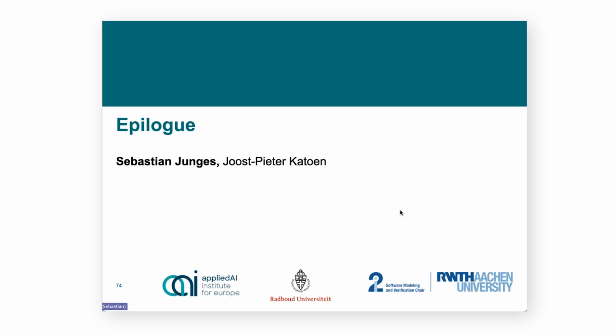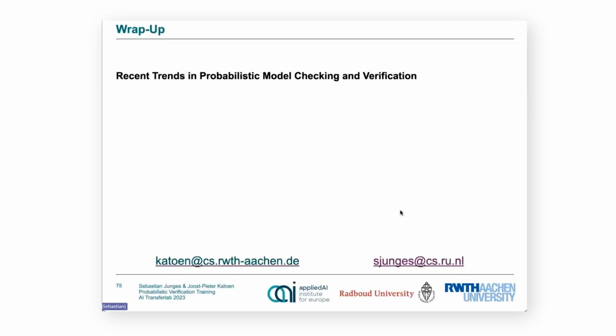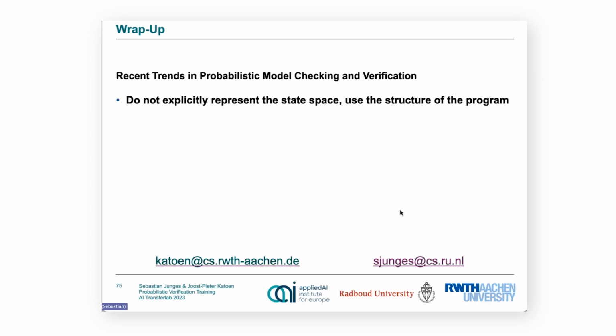So in the interest of time, let me say a few final words on the model checking part. Today we've been talking about things where we are explicitly representing transitions. That's not necessary, and lots of research, in particular from Joost-Pieter's group, is going on where we use the structure of the PRISM program or any other high-level representation and work directly on that.